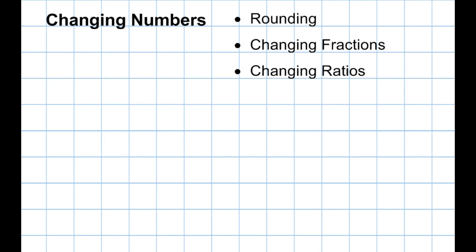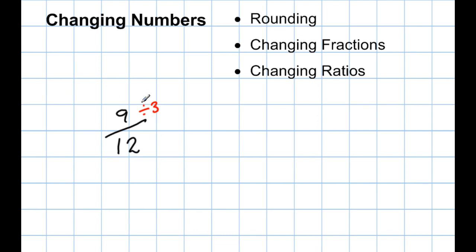Okay, now, changing fractions. Right, now it gets a bit more complex. What do I mean by changing fractions? Well, look at this fraction here, 9/12. I can change that by dividing top and bottom by the same number, a common factor.